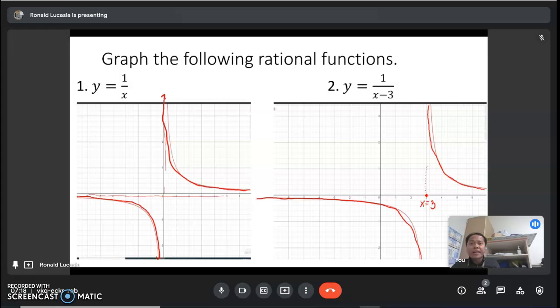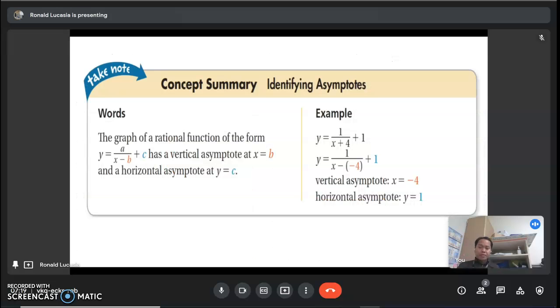Okay, a line is an asymptote of a graph if the graph gets closer to the line as x or y gets larger in absolute value. Now, how do we find the vertical and the horizontal asymptote? The graph of a rational function of the form y equals a over x minus b plus c has a vertical asymptote.